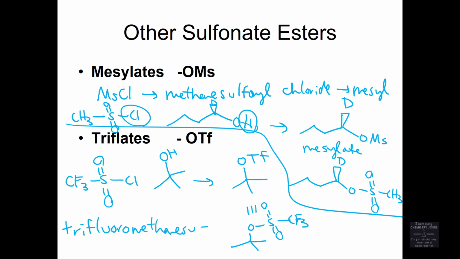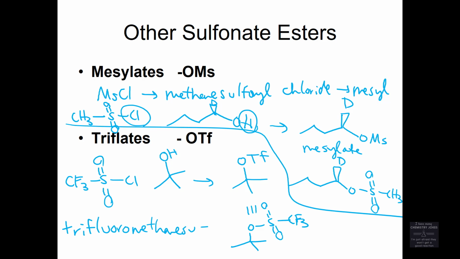We then drew a mechanism of an alcohol acting as a nucleophile to make a sulfonate ester. We made a tosylate specifically, but you're also responsible for the same mechanism to make a mesylate or a triflate. Mesylates, triflates, tosylates, those are the three most common sulfonate esters, but other sulfonate esters exist.